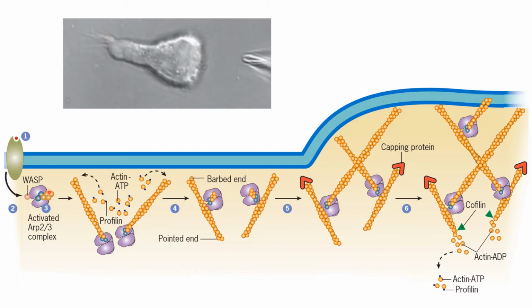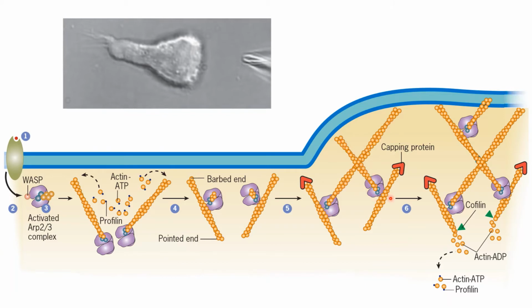Notice in this chemical reaction that new actin filament branches are formed. These purple blobs that we see here are the ARP2-3 complex that gives rise to a new branch of actin, as we see here.